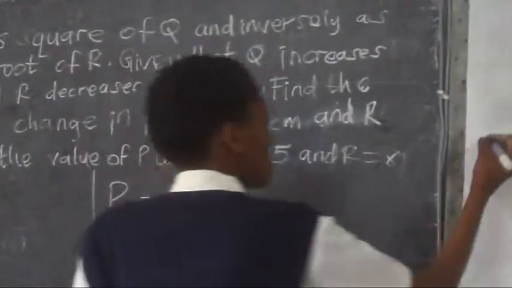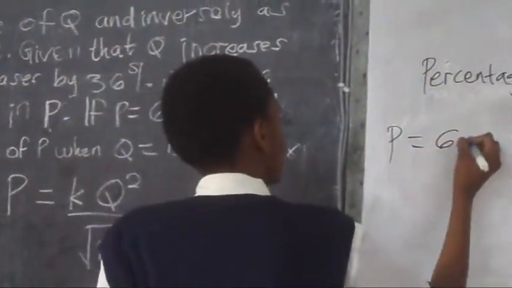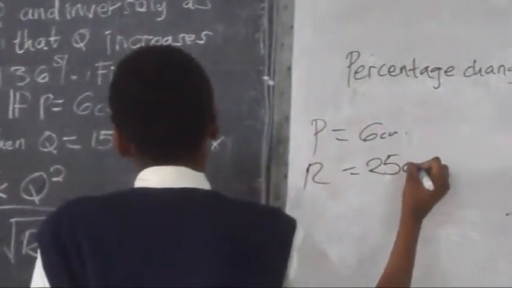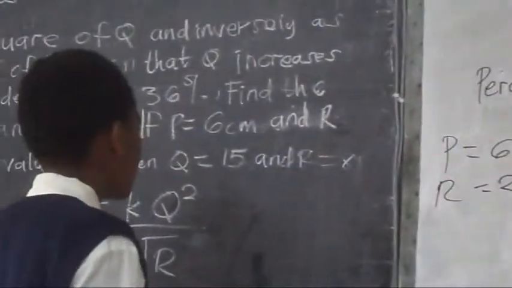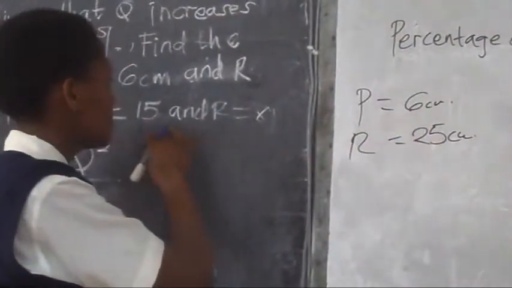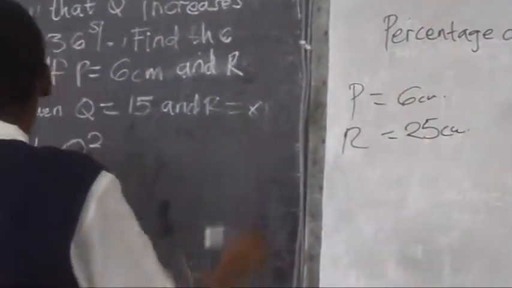But we have been told that if P is equal to 6 centimeters and R is equal to 25 centimeters, when Q is 12 centimeters, we find the value of P when Q is equal to 15 and R is equal to 8.